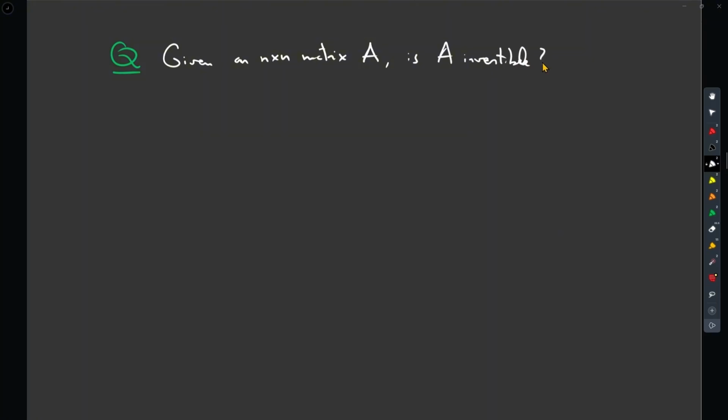We know the answer for a 2 by 2, and I found it by row reducing the matrix A, B, C, D with the identity matrix on the right-hand side. That is the method that works for all matrices. For all n by n matrices, I can do the same.